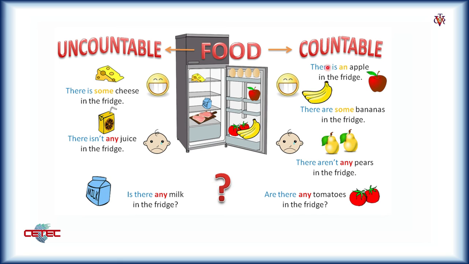Now, with countable nouns, is there an apple in the fridge? Yes, there is. Are there some bananas in the fridge? Yes, there are. There aren't any pears in the fridge. So here, the pears, there are not any in the fridge.